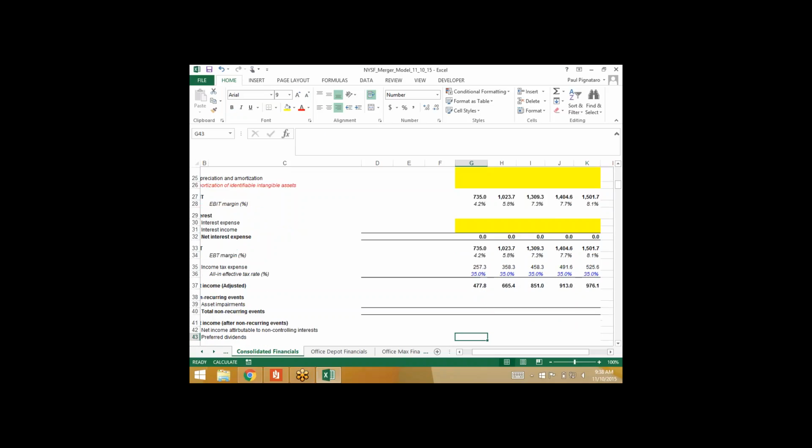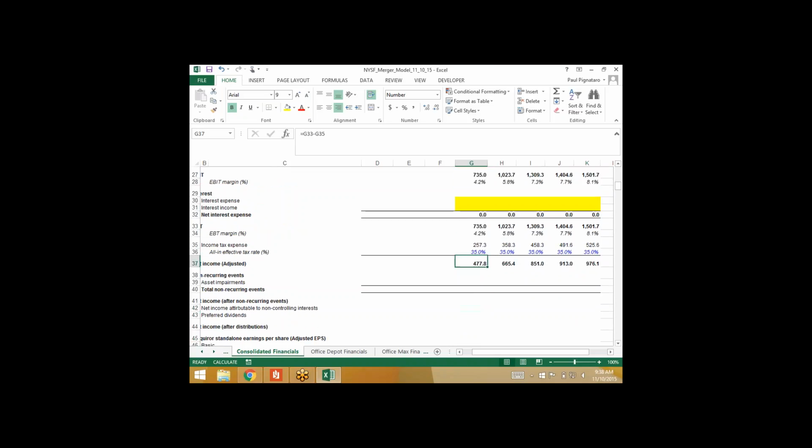Anybody have numbers to check? Should be pretty straightforward. Which one? What did you put in for the numbers for the income taxes?